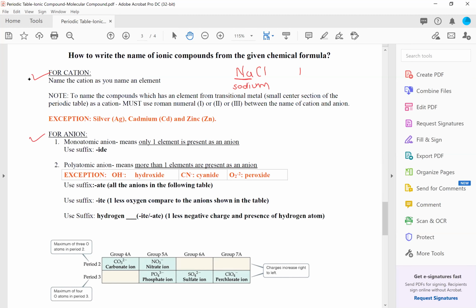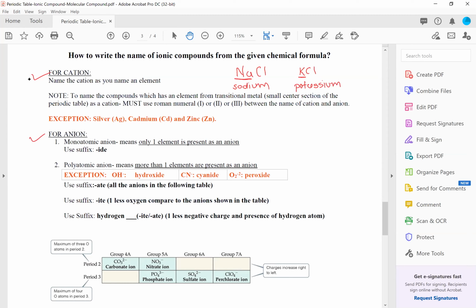Another example is KCl. I'm going to ask you to find the K in your periodic table. Potassium. K is potassium as an element. In this compound, we are just going to call K potassium. So I hope you guys understand. We are simply calling them as an element, right? All the cations will be named as an element.